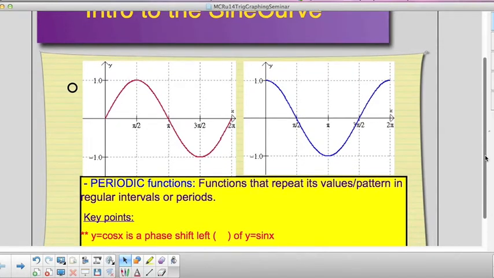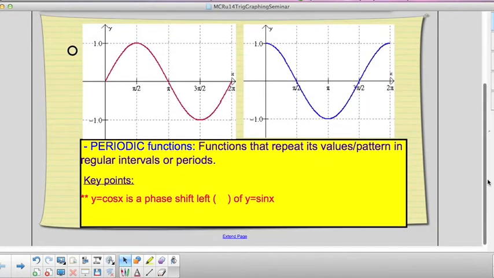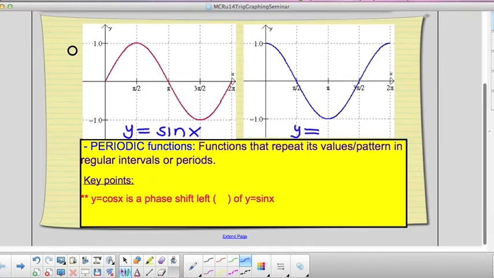But just like when we were talking about regular functions, we have a few key points that you're going to have to memorize that we're going to talk about in the next slide. And you may notice that this is the graph y is equal to sine x, and this is the graph of y is equal to cosine of x.